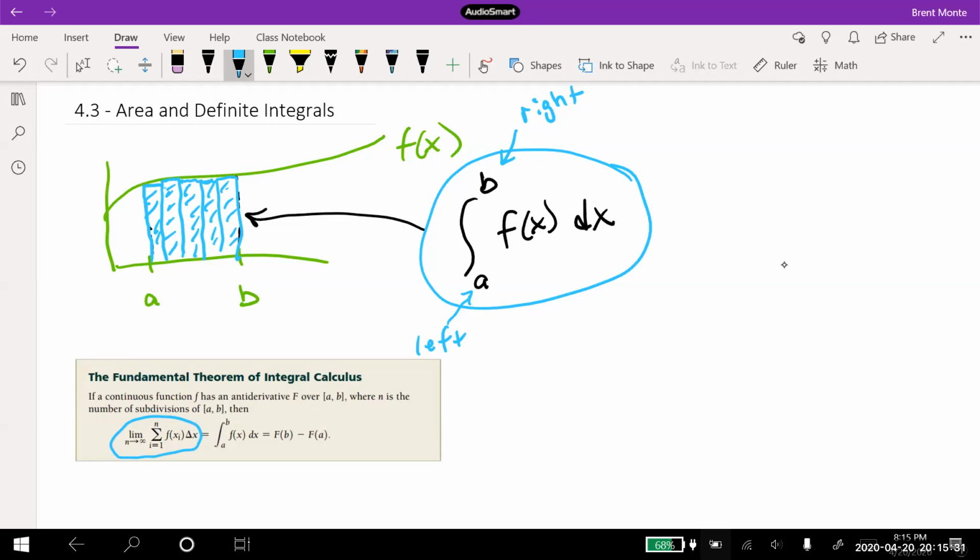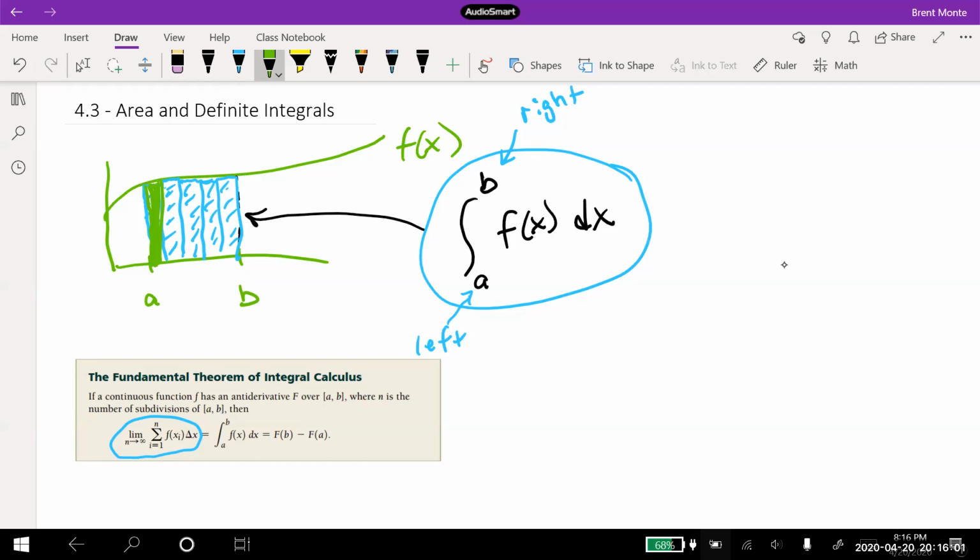Well, if I take the limit as the number of rectangles I put in there approaches infinity, think we're getting more and more rectangles, so we have to make them thinner and thinner. Eventually they're paper thin. I've got a rectangle here, and a rectangle right next to it, and another right next to it. There's really no gaps in between because they're just the width of a line, and it can go straight up to wherever the function is.